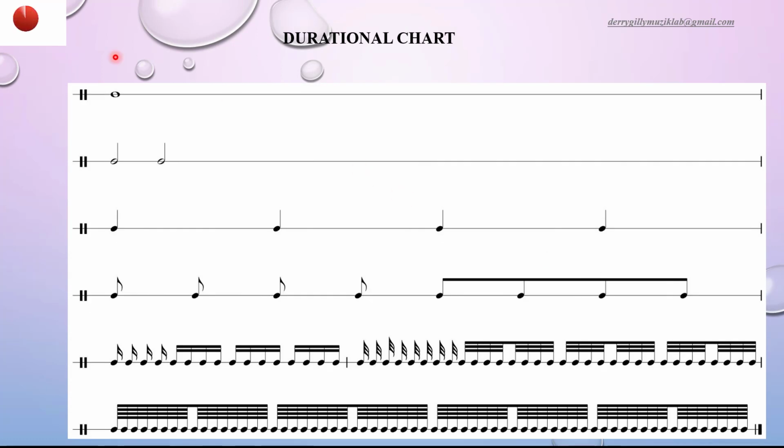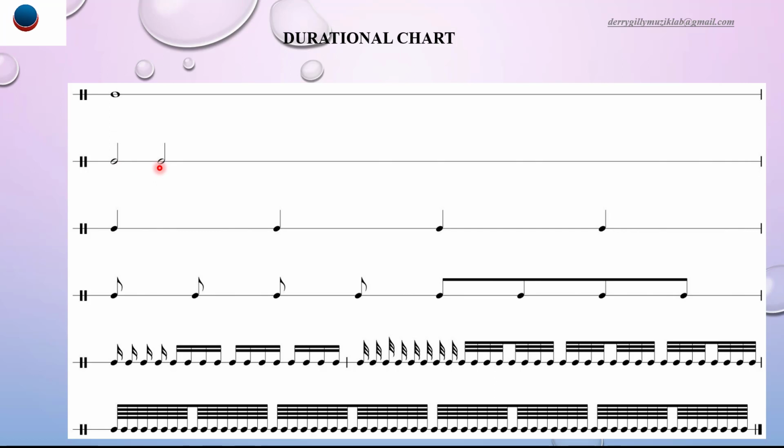Now in the durational chart, you could see my semibreve here. That's my semibreve. Then this chart is giving me two minims. It means that two minims will give me one semibreve.